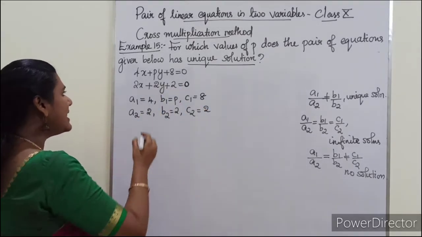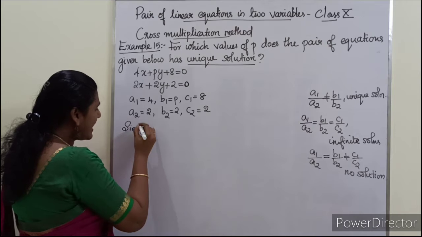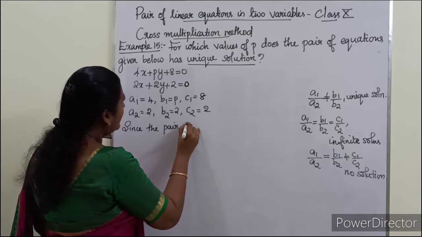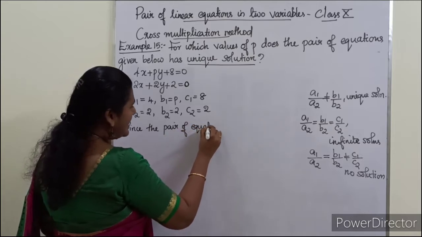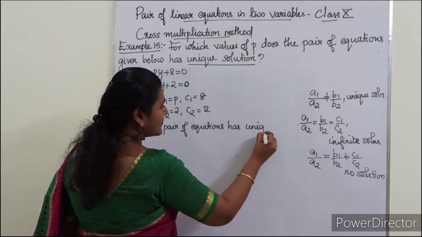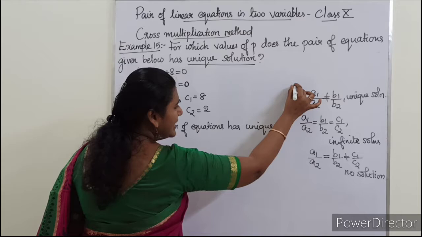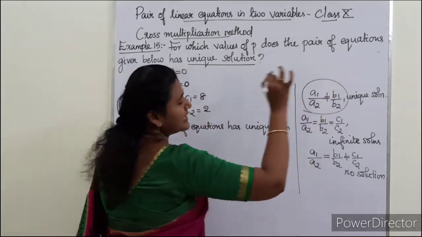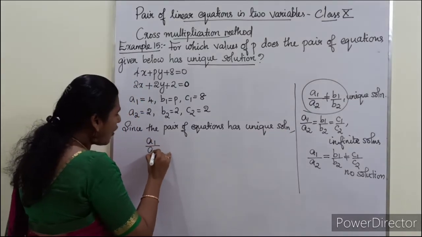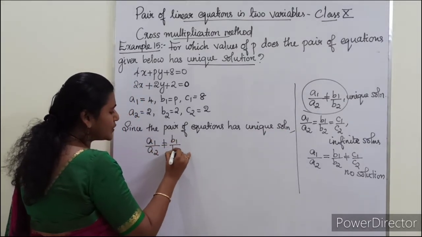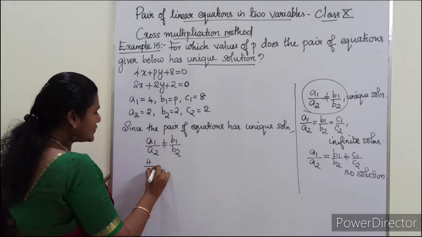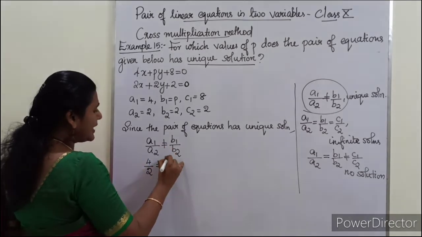Now it is given that since the pair of equations has unique solution, the condition is a1 by a2 not equal to b1 by b2. So here we will substitute these values. So a1 is 4 by 2 is not equal to p by 2.